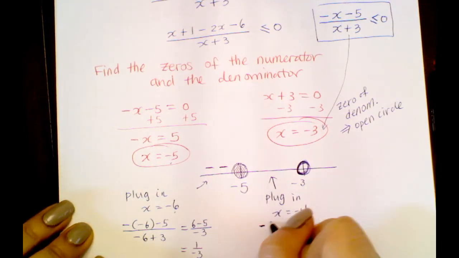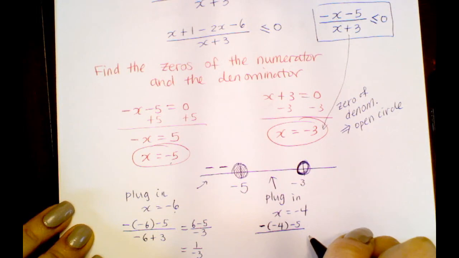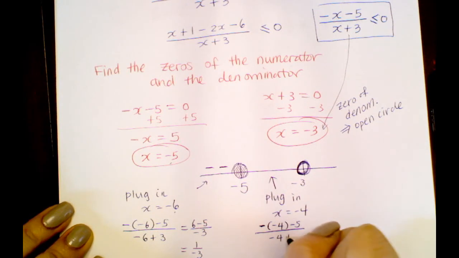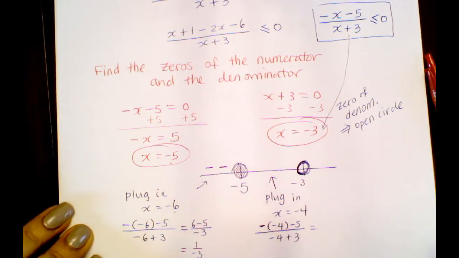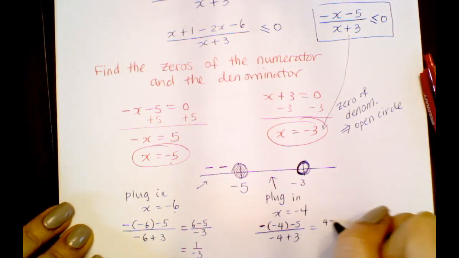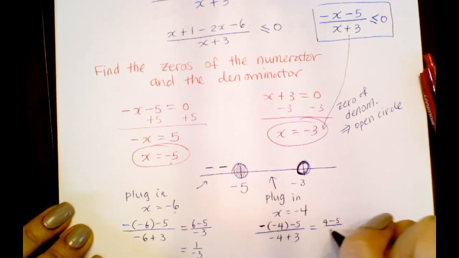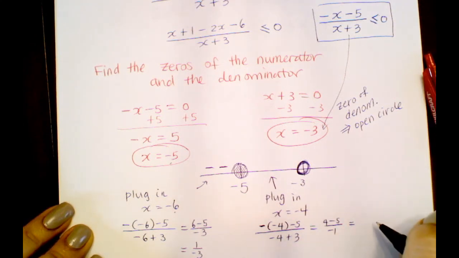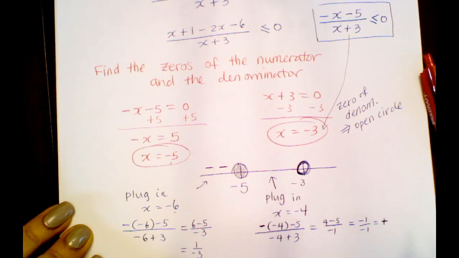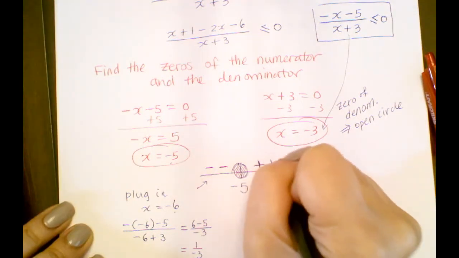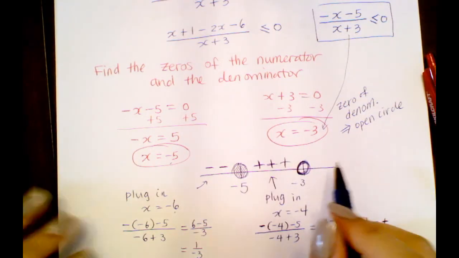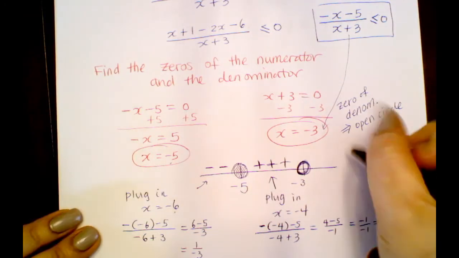Then I'll get negative 4 minus 5 over negative 4 plus 3, which is negative 9 over negative 1. Oh, hello, this one is a positive number. Positive, positive, positive. I just want to say this will be a negative, but I better check it. I shouldn't just guess it.